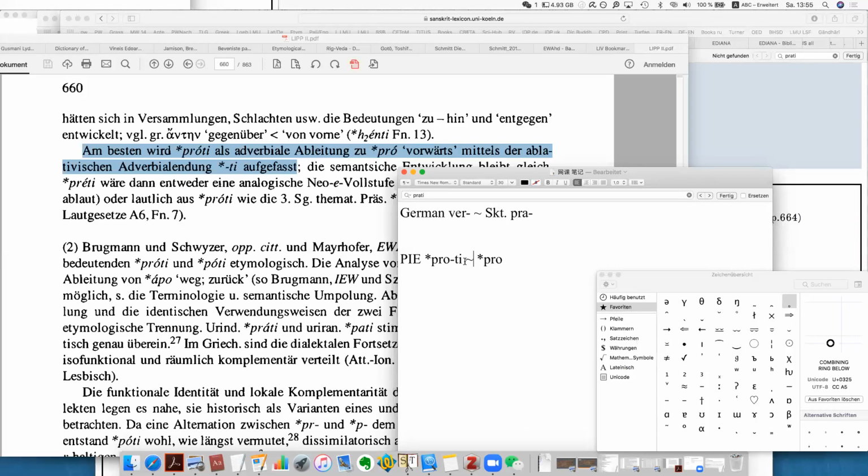So pro plus a t, and t is an adverbial and ablative ending. You have it also in Anatolian, like in Hittite or Luvian. So this t is an ablative ending. So proti and pro are related.